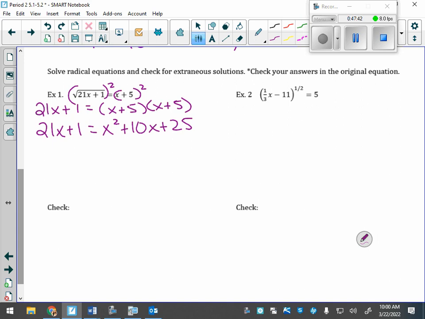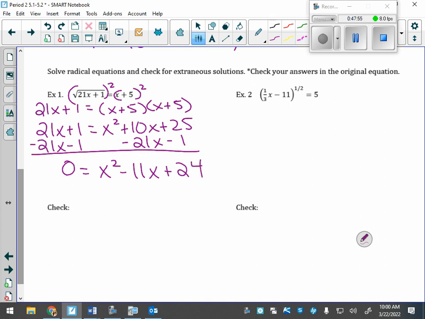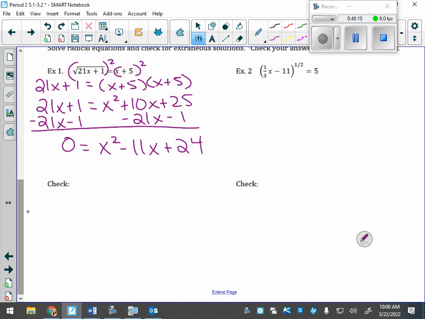So, I keep my x squared positive, so I'm just going to bring everything to the other side. So I have x squared minus 11x plus 24. Now what do you have to do to find solutions? Factor. So what multiplies to 24 and adds to negative 11?